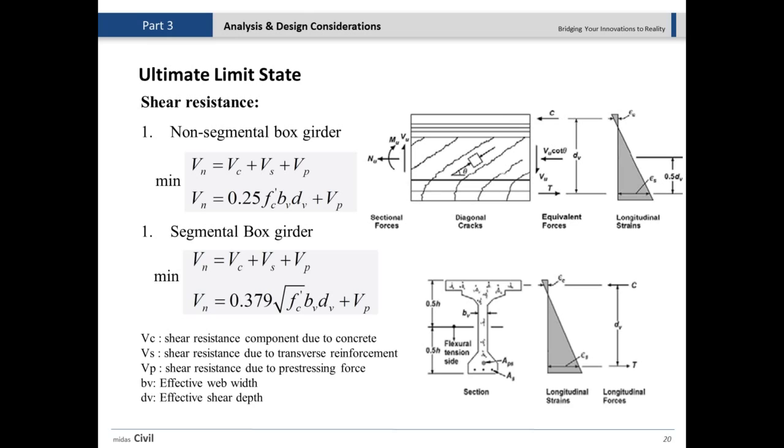But for the shear resistance, we need to consider if it's segmental or non-segmental. As you can see, there are different equations provided. So this will be the minimum of each of these. For example, if it's non-segmental, it will be the minimum value of these two options.